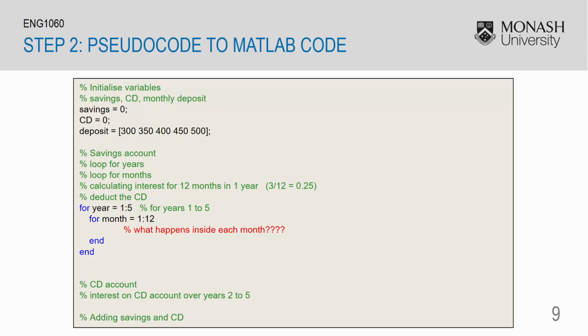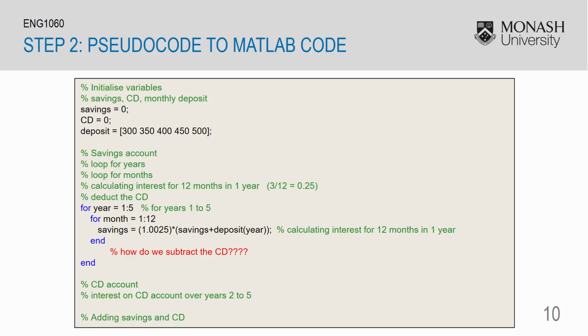Well, within each year we have 12 months, and therefore I need to think about what's happening within each month. Within each month, I can calculate the interest that is accrued on my savings. So this is my current savings plus the monthly deposit. This calculation is repeated 12 times before it exits the for loop.